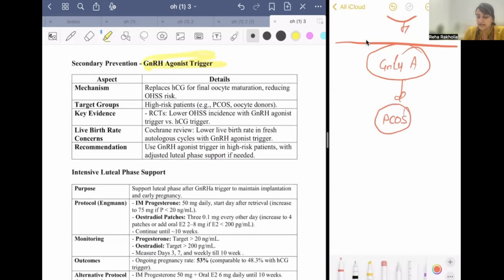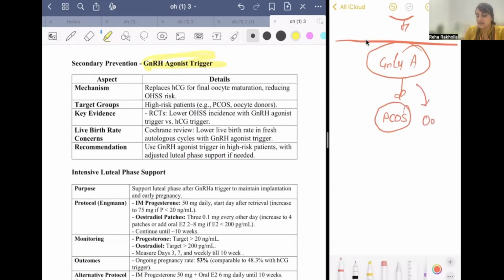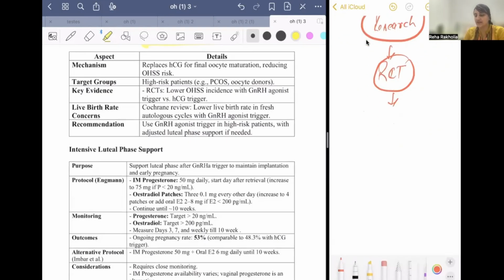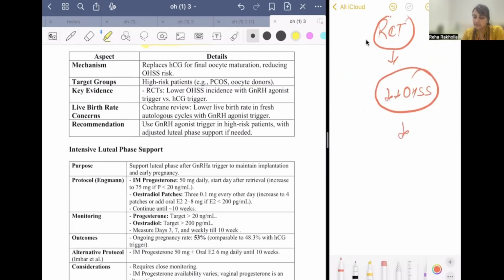It is even used in oocyte donors because we don't have to use fresh cycle in oocyte donor. So there will be decreased risk of OHSS in oocyte donor also. So we use GnRH agonist trigger in PCOS patients, PCOM patients, any high risk patient, and oocyte donors. Patients who receive GnRH agonist trigger have significantly lower OHSS rate than those who receive HCG trigger.